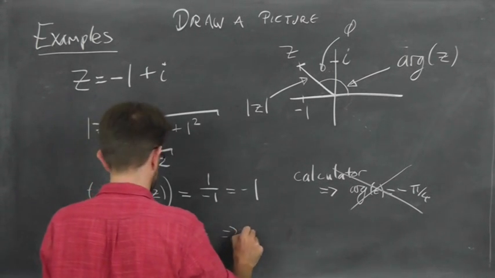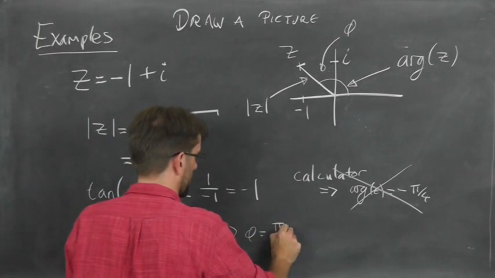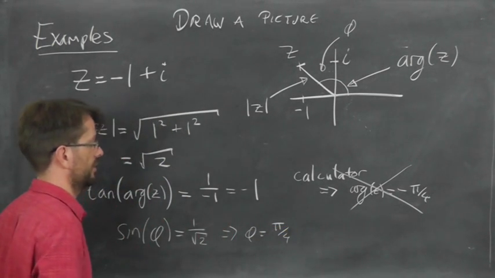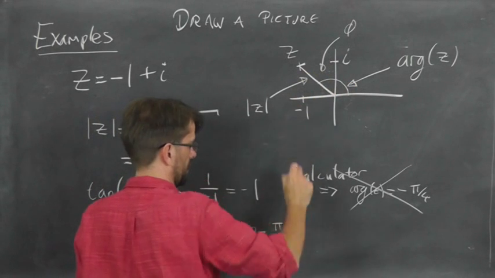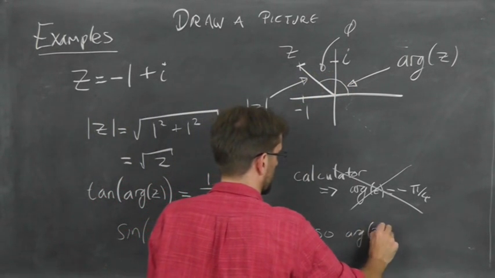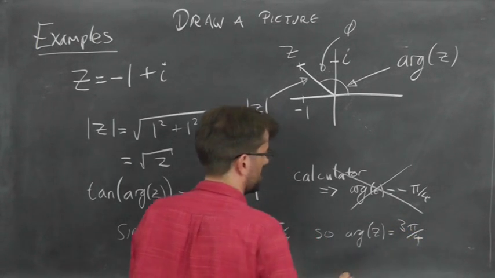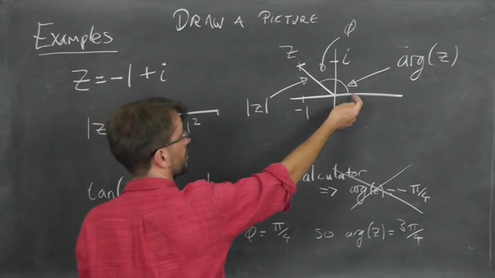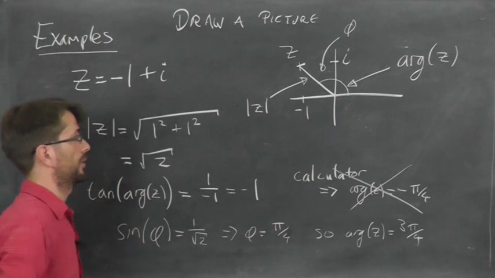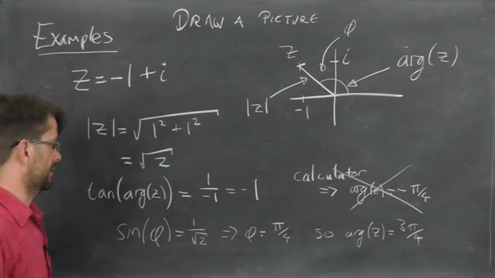So that implies that phi is equal to pi by 4, so 45 degrees in other words. So arg of z is equal to 3 pi by 4. Okay, so we've gone 3/4 of the way around to the minus imaginary axis.